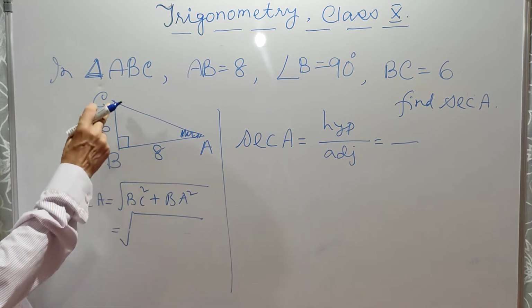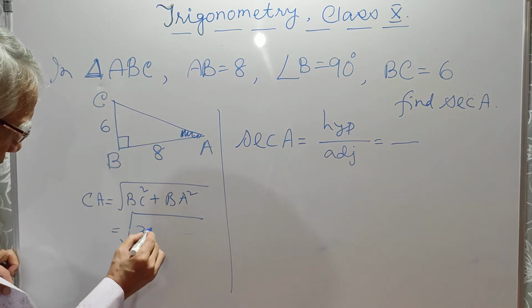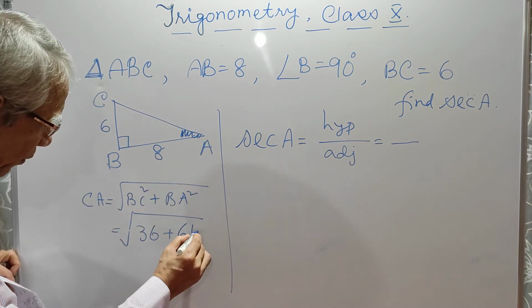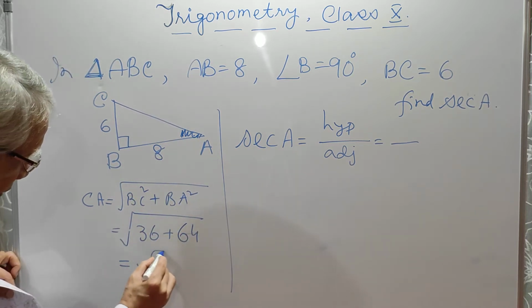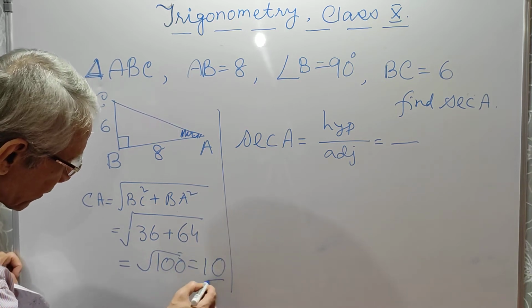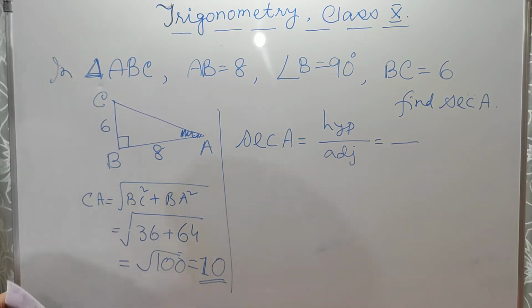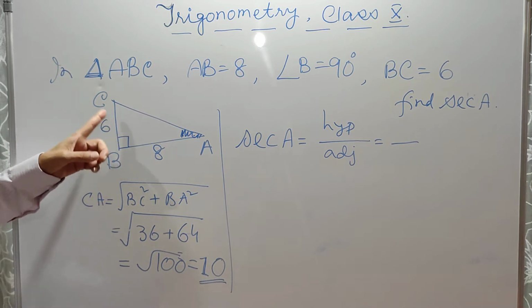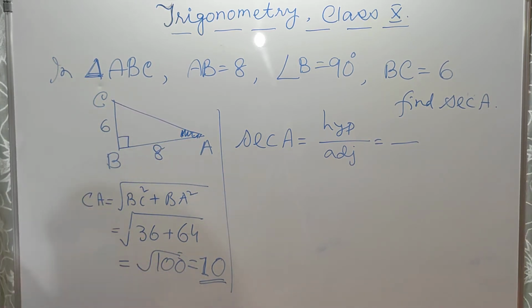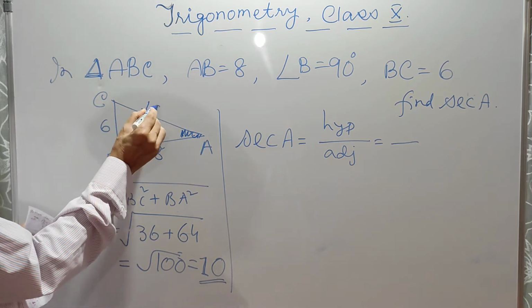BC square is 6 square, 36, plus BA square, 8 square, 64. That is the square root of 100, which is 10. So CA equals 10.